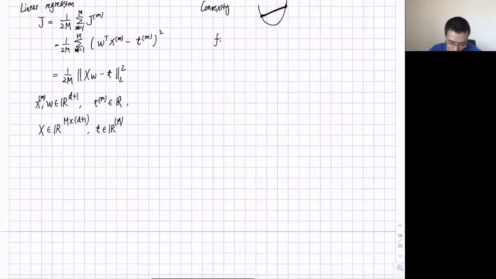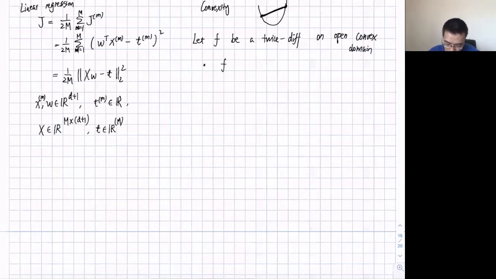And we mentioned that there's a theorem that says let F be a twice differentiable function on some open convex domain, okay? Then the following conditions are equivalent. F is convex.